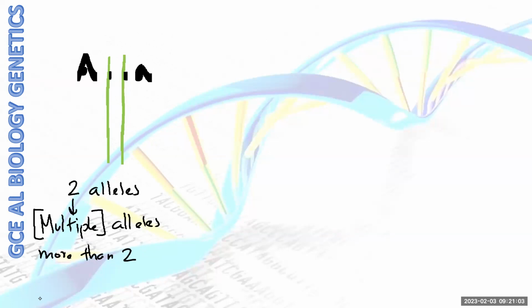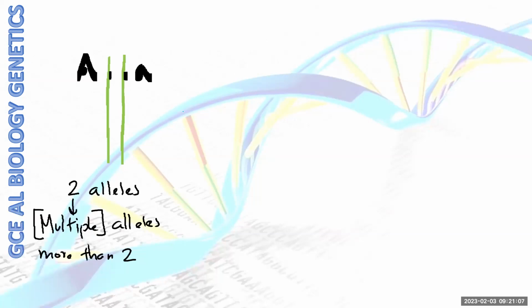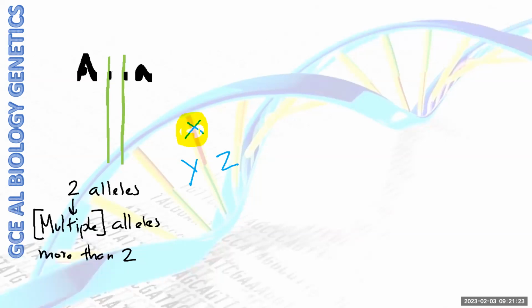Now in this case, if I write this is one allele, this is another allele, and this is another allele, so if I write X, Y, Z, that is quite fine because it is more than 2.